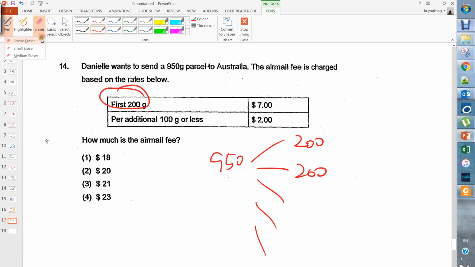Then you switch to 100, and then another 100, then you keep on doing it until you finish the total. That means until you finish distributing this 950. Then you start counting.